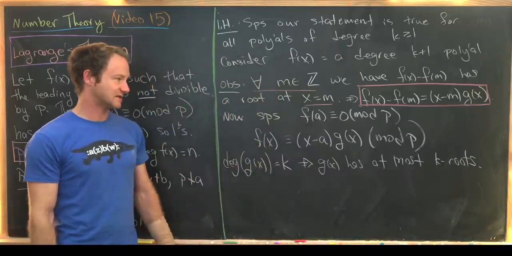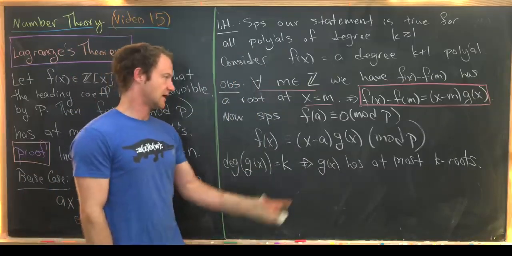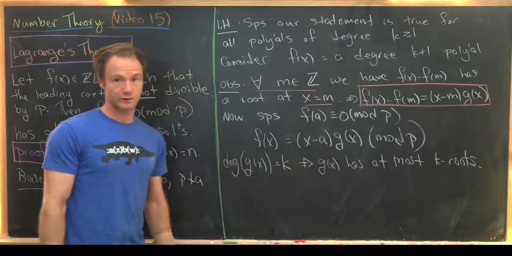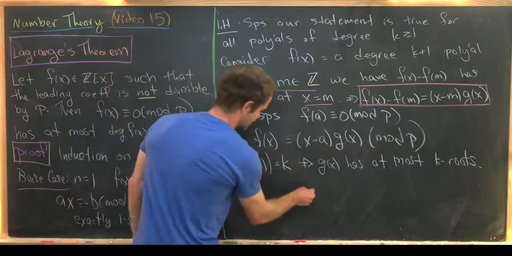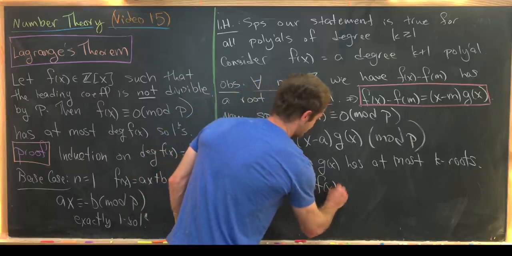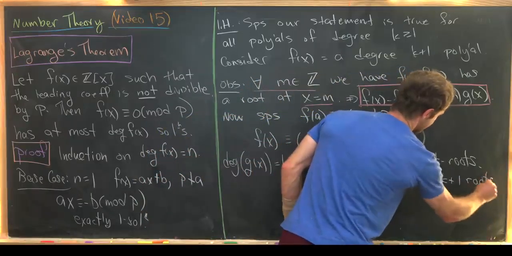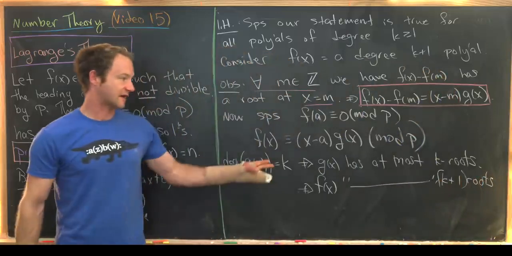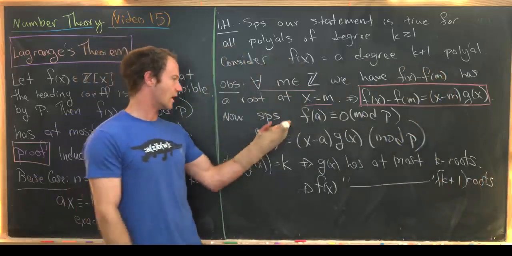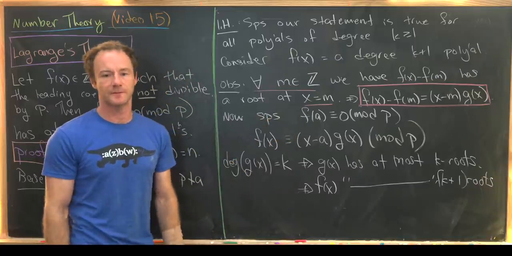But if g of x has at most k roots modulo p, and a is an additional root for f, then that tells us that f of x has at most k plus 1 roots mod p. The k that come from g, and then the 1 that comes from a up here.